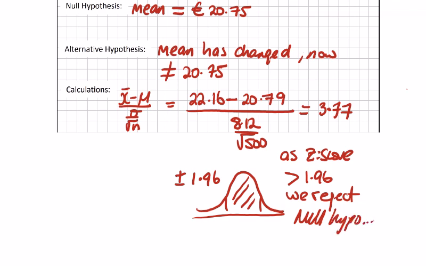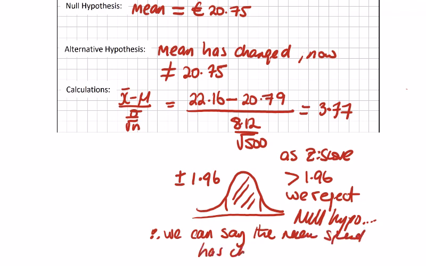Therefore, we can say the mean spend on mobile phone has changed. Of course it has, as things have gotten more expensive.